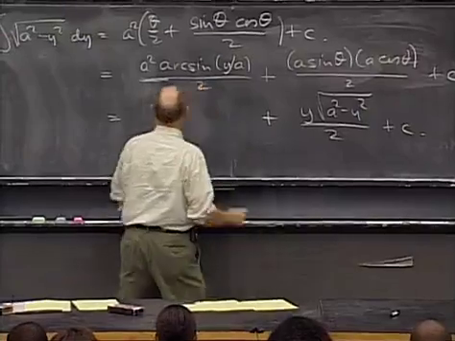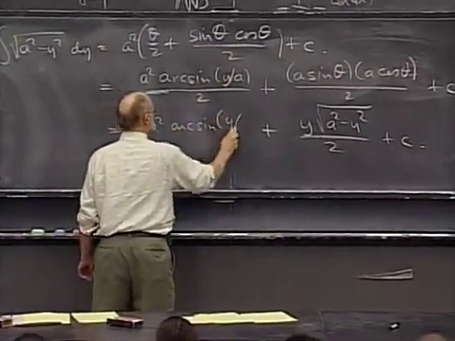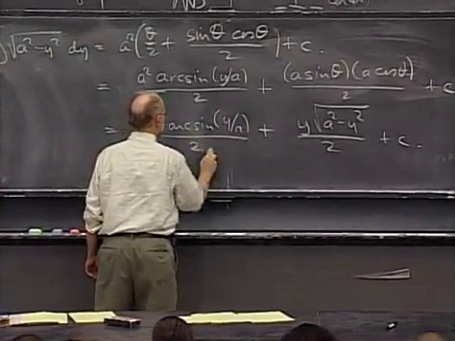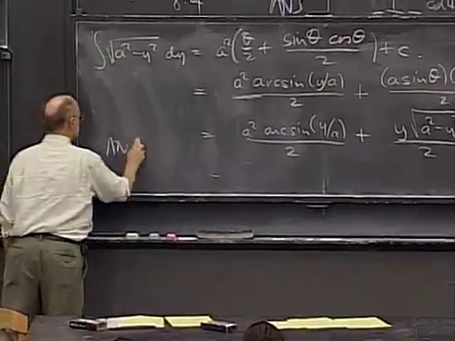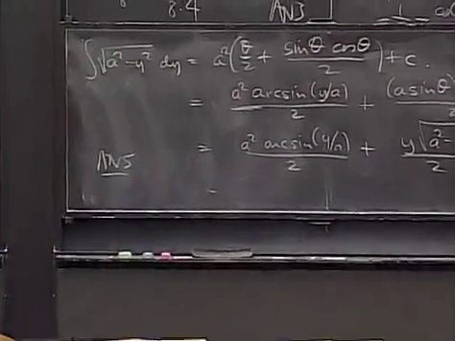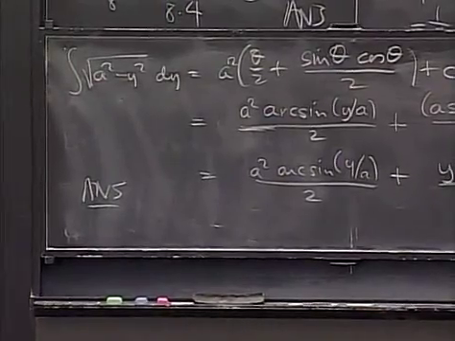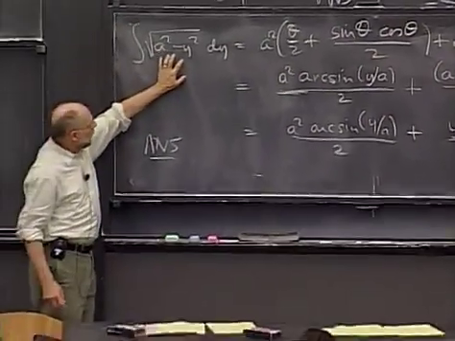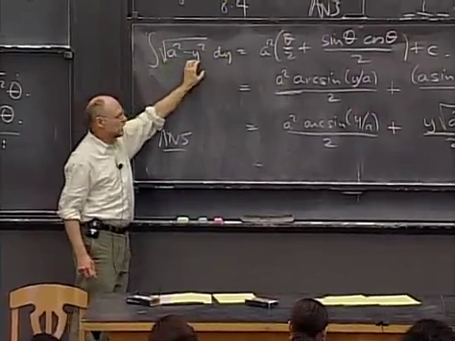And so there I've rewritten everything back in terms of the original variable, y, and there's an answer. So I've done this indefinite integration of the square root of something which is a constant minus y squared.